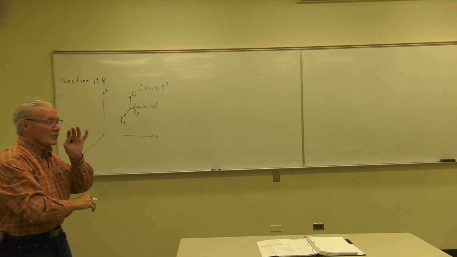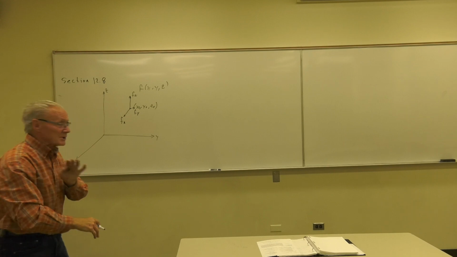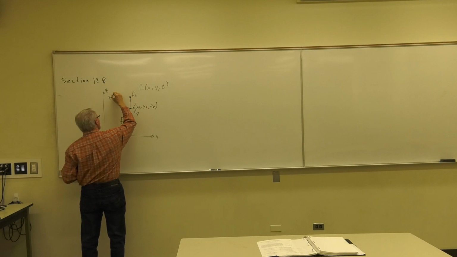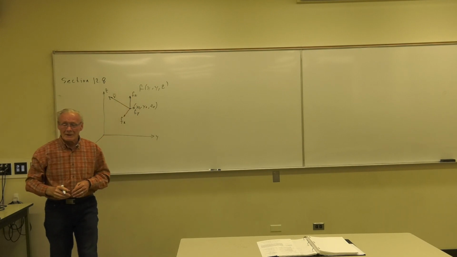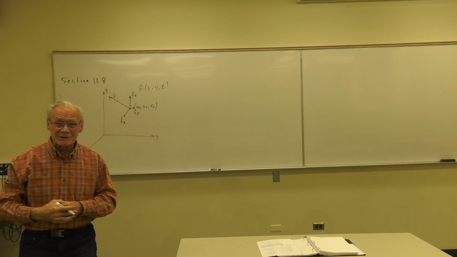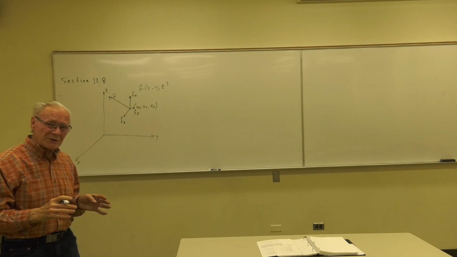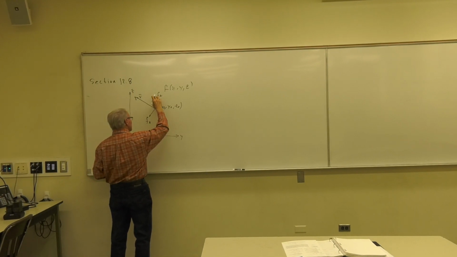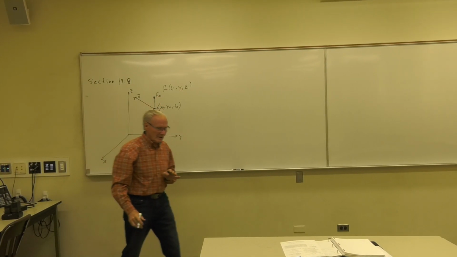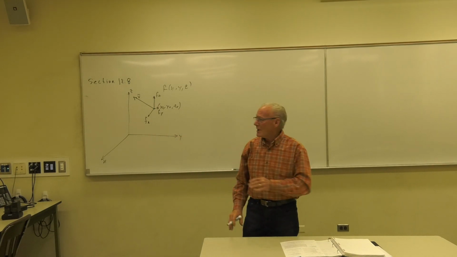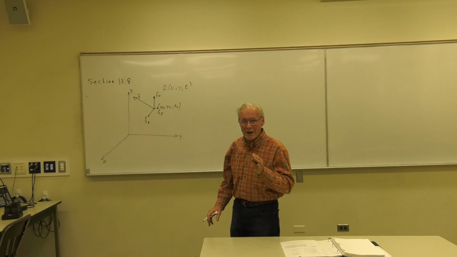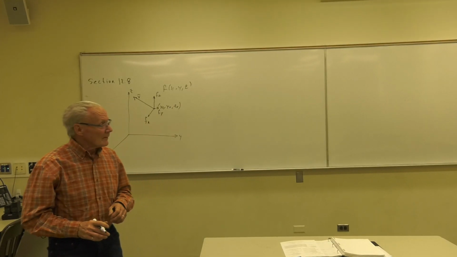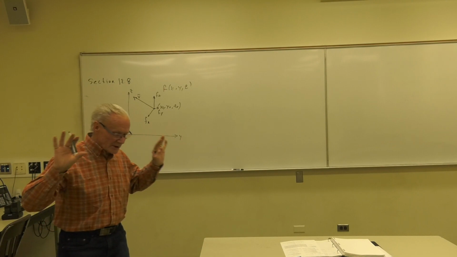But suppose you wanted to calculate the rate of change of the temperature in some other direction, say there, in the direction of the vector v, starting at this point x0, y0, and z0. So you don't want to restrict yourself to only the x direction, y direction, z direction. You want the ability to calculate the rate of change of that function, temperature perhaps, going in that direction. The reason would be, well, I want to leave that to later.